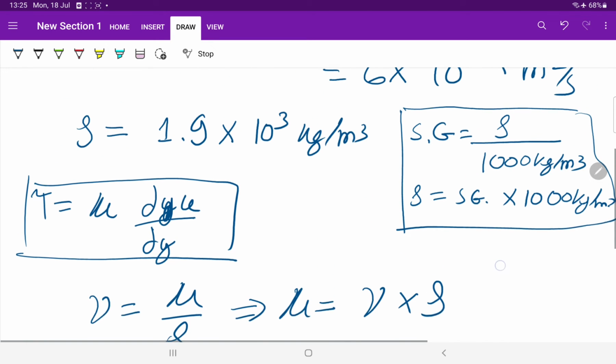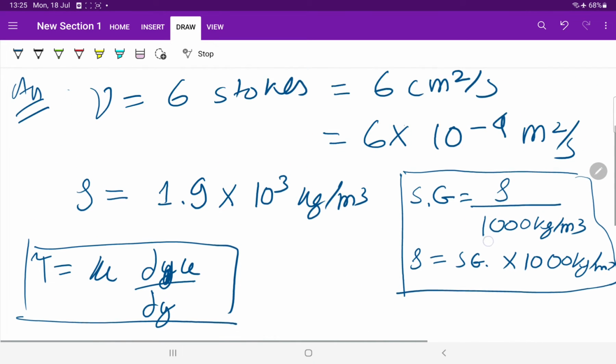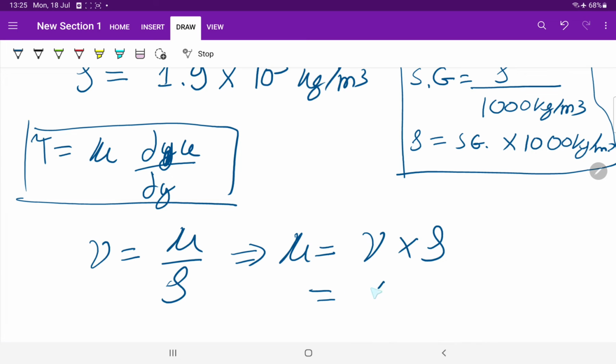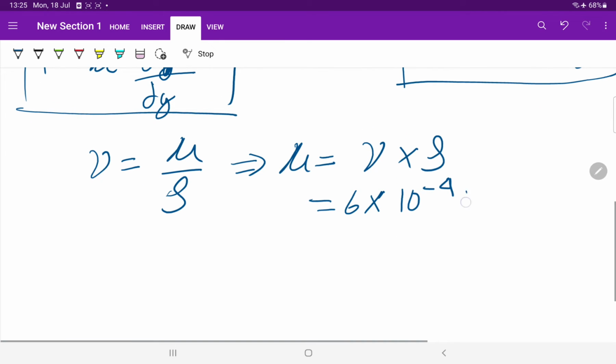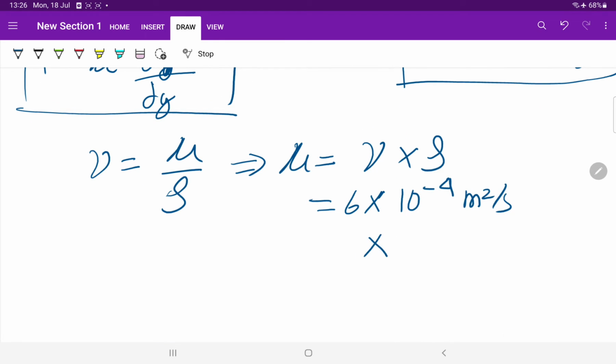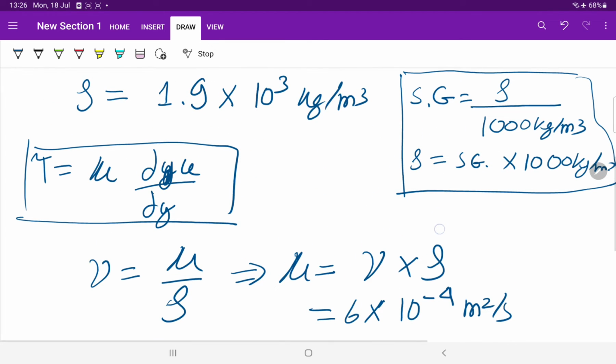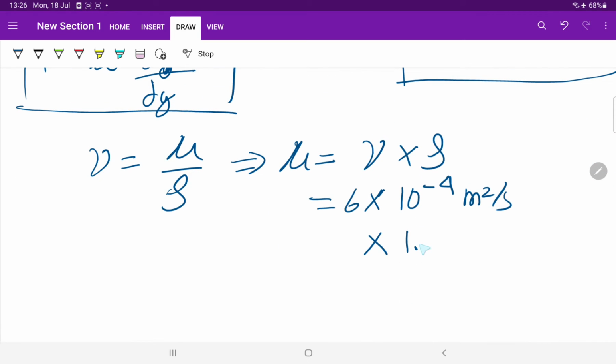So just write down the values. 6 into 10 to the power minus 4 meter square per second, and into rho. Now rho will be 1.9 into 10 to the power 3 kg per meter cube.